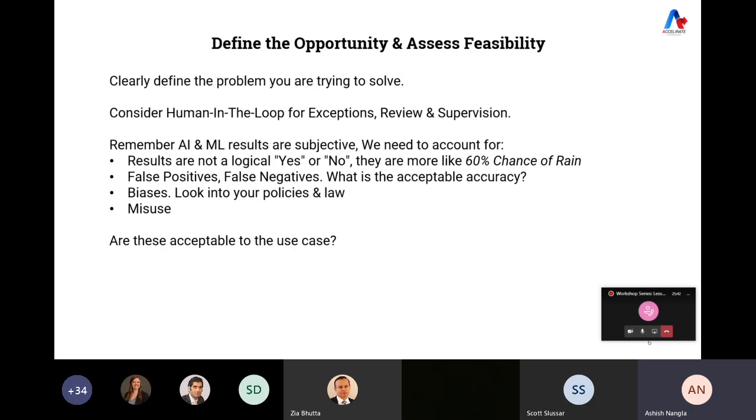If it was simple rules, you would have simply created a document saying these are the decisions that we take. But when it comes to AI and machine learning, that gets difficult. So please look at your regulatory compliance and other policies as well.